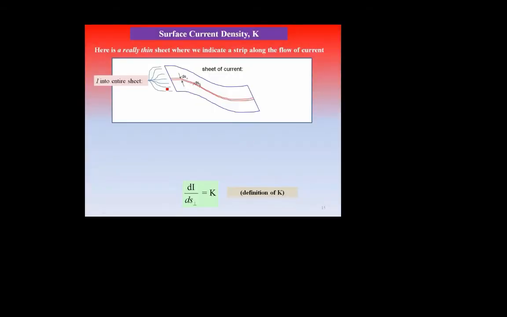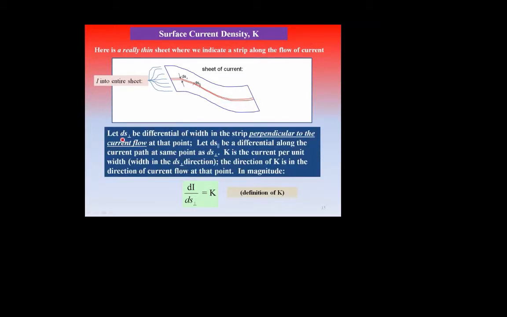Now let's take another version of this. We've got a very thin sheet that's indicated by this surface here, and we have a total current entering that sheet, and I've tried to show it being distributed over this width here. And so if we took a very small width line here, it has a width of ds perpendicular, and to form an element along the direction of current flow, it'd have ds parallel.